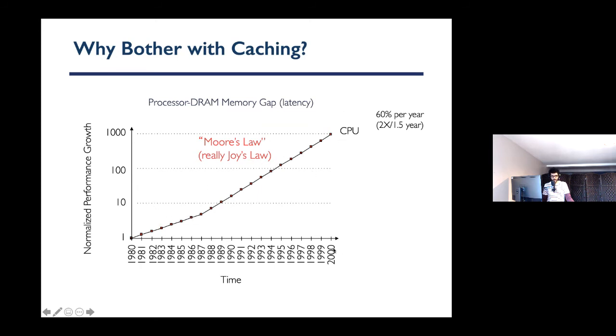Up to 2000, 2005, it was just going linearly up. But then this was the DRAM growth. This is the speed of memory. This is the growth of the memory speed over the years. So this was 2x every 10 years. This is 2x every 1.5 years. So there is a huge gap between CPU speed and DRAM speed.